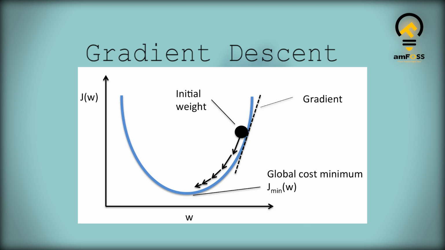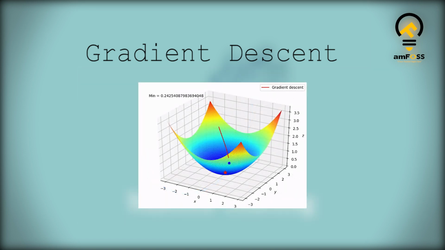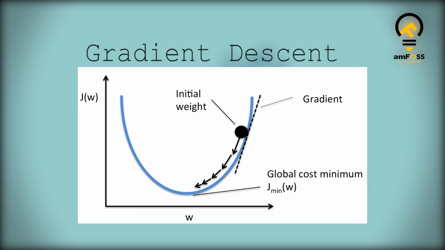So we minimize it by finding the direction in which this weight should move. If this is a parabolic-like shape, and this is the initial weight, then if the ball rolls down to here, the error will be minimized.